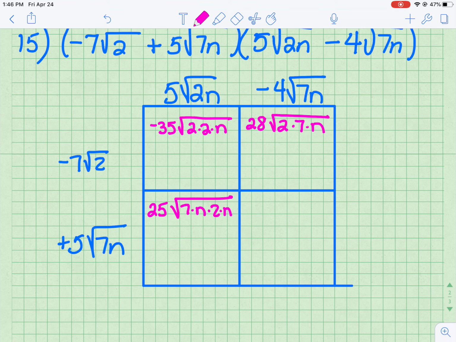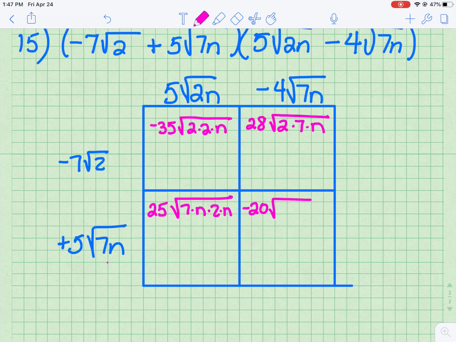So it would be 7 times n, times 2, times n. Yeah, 7, because I got the 7n from here, and then I got the 2n from here. So I have a 7n and a 2n. And then the next one is positive 5 times -4, so that's -20.